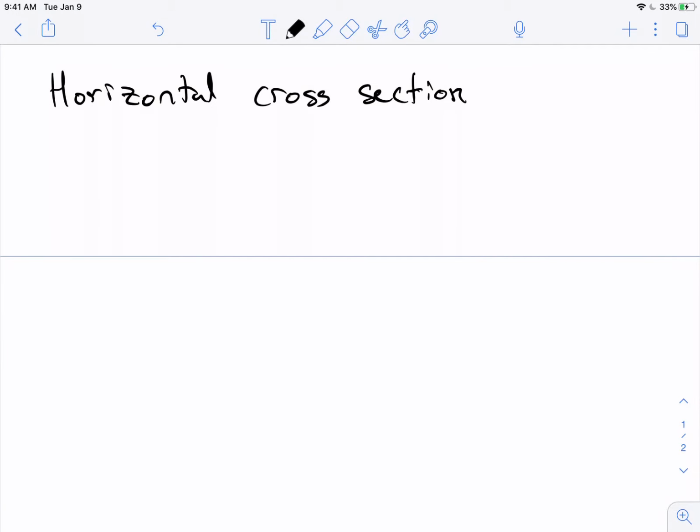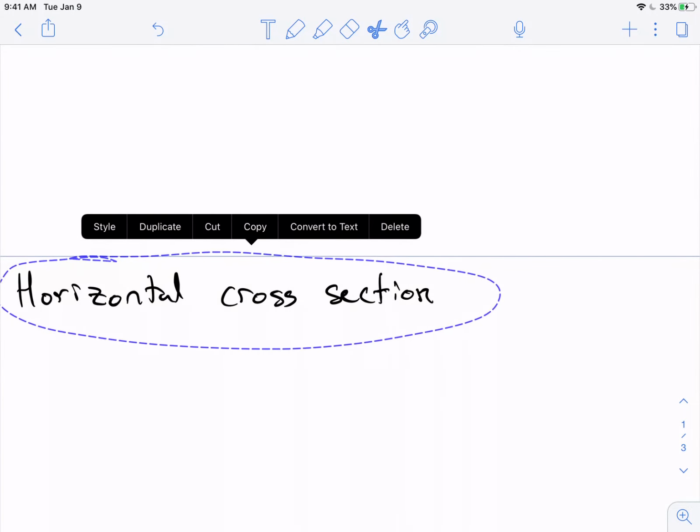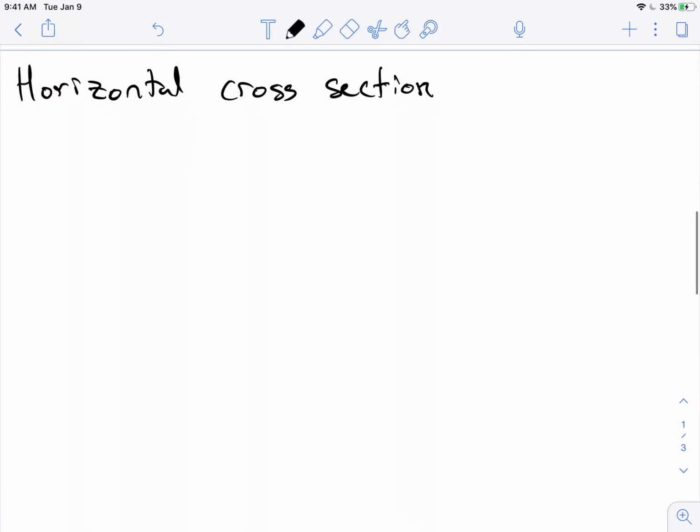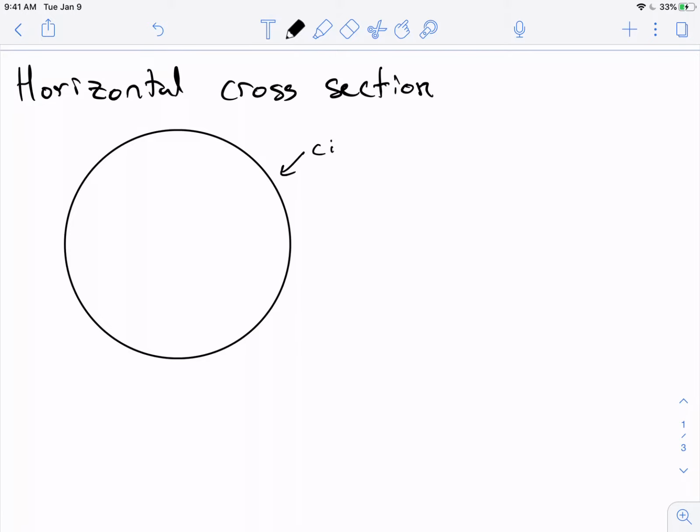So the horizontal cross section, maybe I'll move it to a new page here. Looking down from above, all I can see is basically the equator, or the edge outside of the cylinder. So this is the cylinder, which lies on the equator of the sphere. Then I draw the center of the Earth right there.